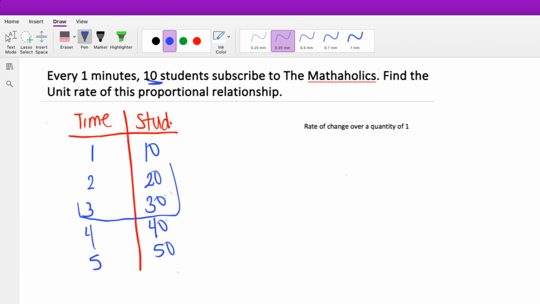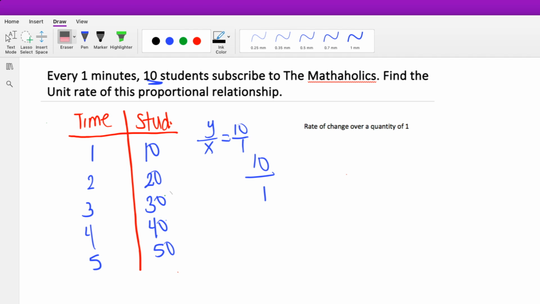30 minus 20 is going to give us 10. And then 3 minus 2 is going to give us 1. And once again, if we just did y over x, we would have gotten the exact same thing. But just for the purpose of doing it the technical way, I guess. Our slope is 10. M equals 10.